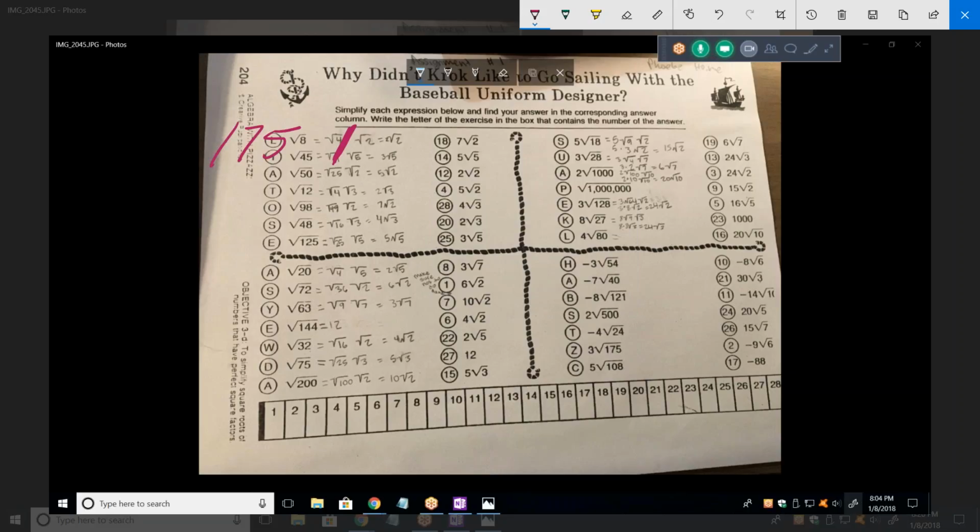In other words, can I cut this in half? No. Can I cut it in thirds? No. I don't need to check fourths, because if I can't cut it in half, I definitely can't cut it in fourths. How about fifths? Fifths is the next thing to try. It's the only other thing to try. Can I cut it in fifths? Yes. Okay, what's it become? Divide that by 5, what do you get?